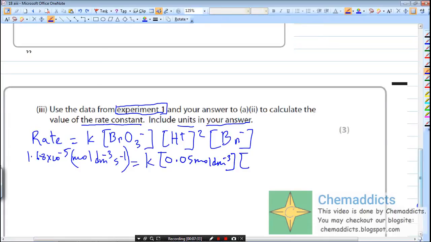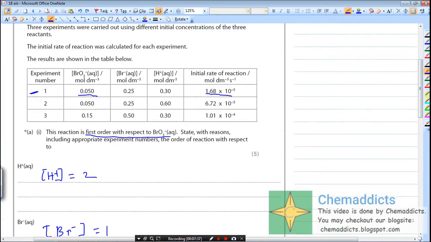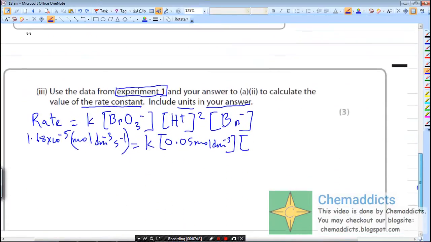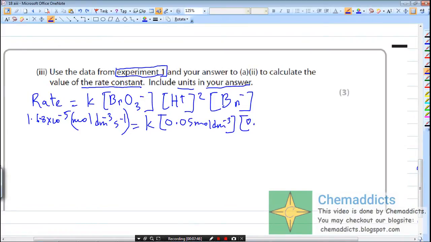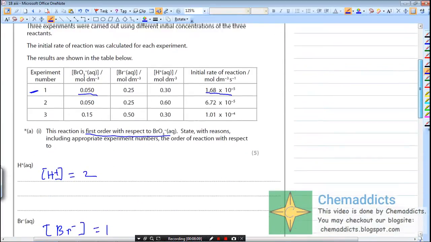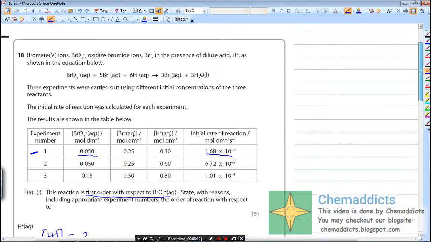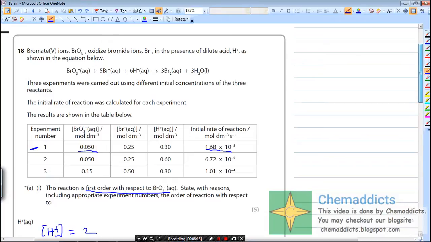The concentration of H plus is 0.3 mole per dm cube, and the concentration of bromide is 0.25 mole per dm cube. So we have 0.3 mole per dm cube whole squared, and 0.25 mole per dm cube.